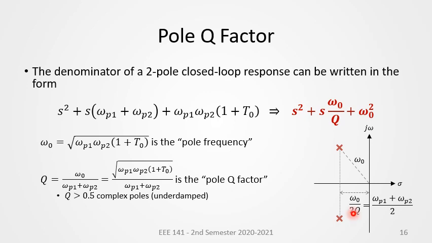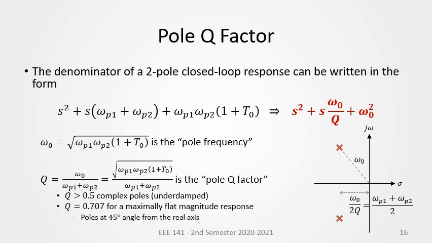And so this form also confirms that if we cancel 2, Q is equal to omega naught over omega p1 plus omega p2. Using this analysis as well, it can be shown that the maximally flat closed loop response can be achieved when Q is equal to 0.707, or when the poles are at 45-degree angles from the real axis.